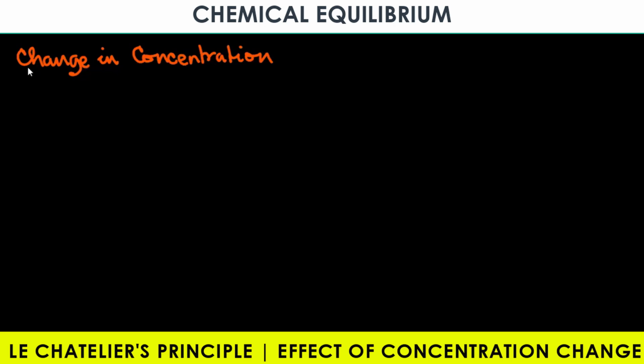Remember, every chemical reaction is made up of two components: the reactant and the product. So once you change the concentration of the reactant, it will affect the concentration of the product. That's how changing concentration works.